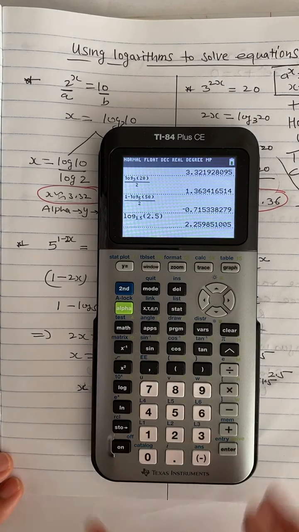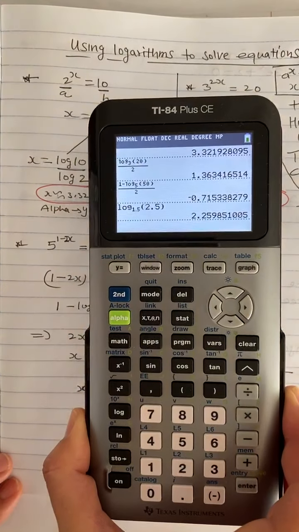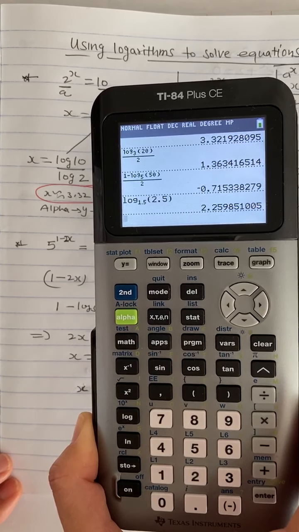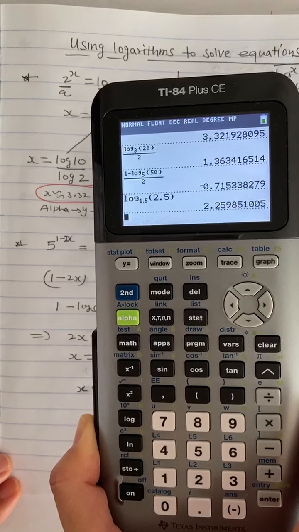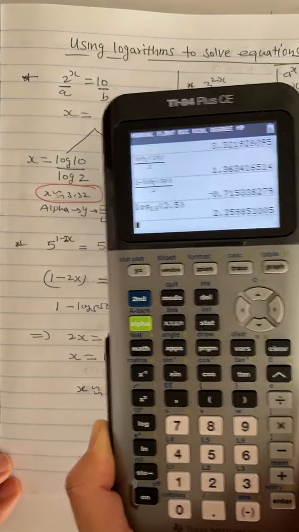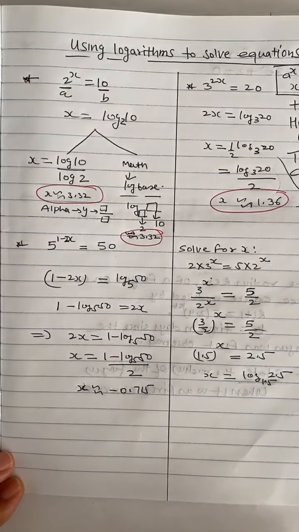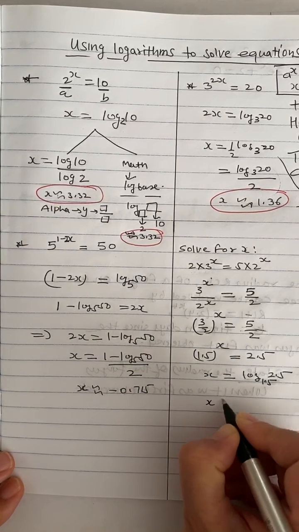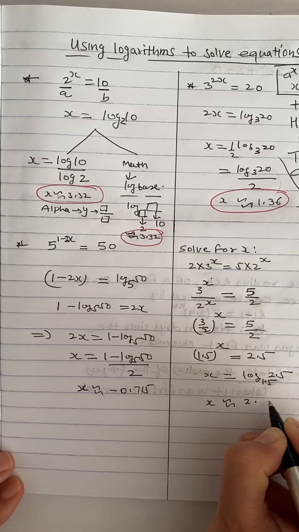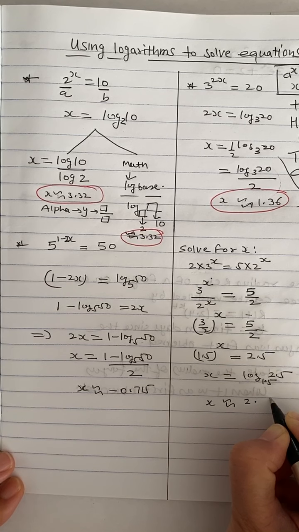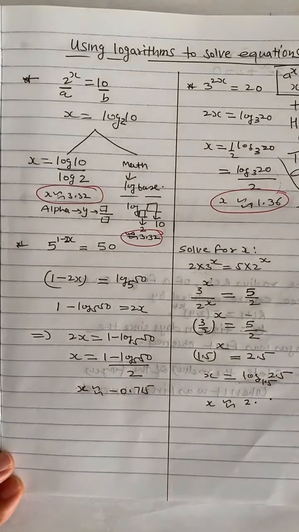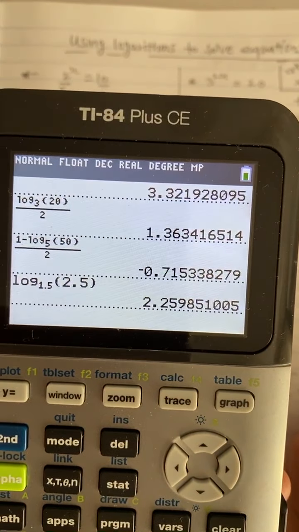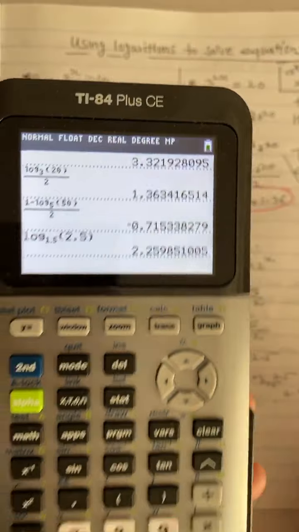So now rounding it to 3 significant figures. Let me first write the full value again: 2.259851005.